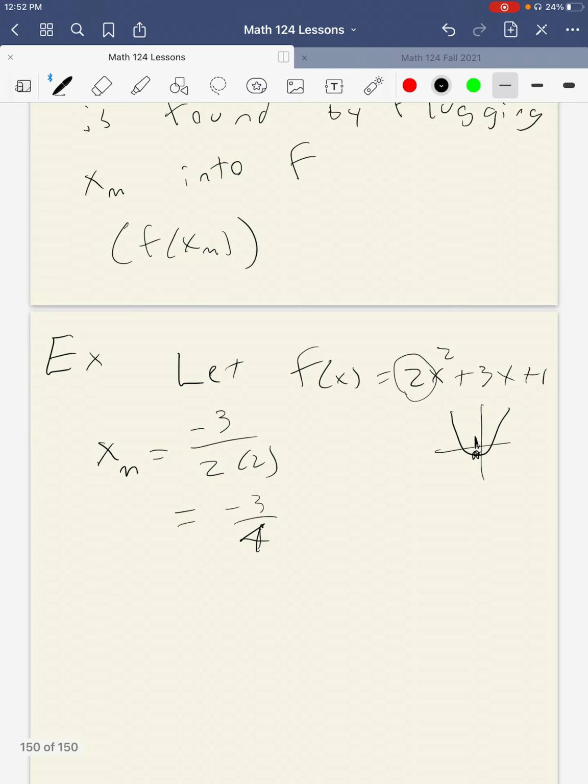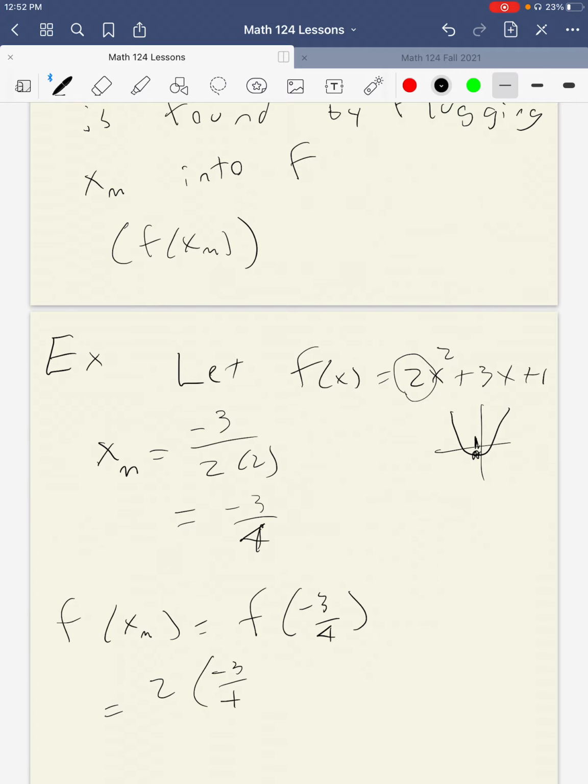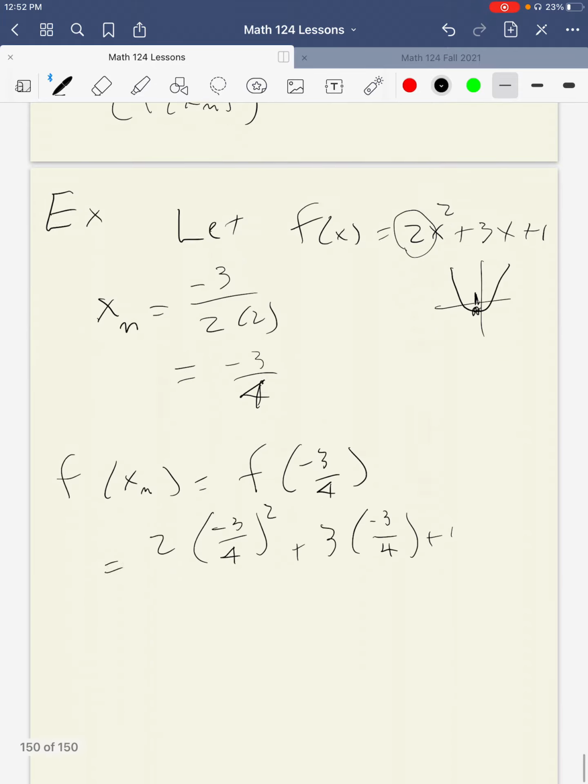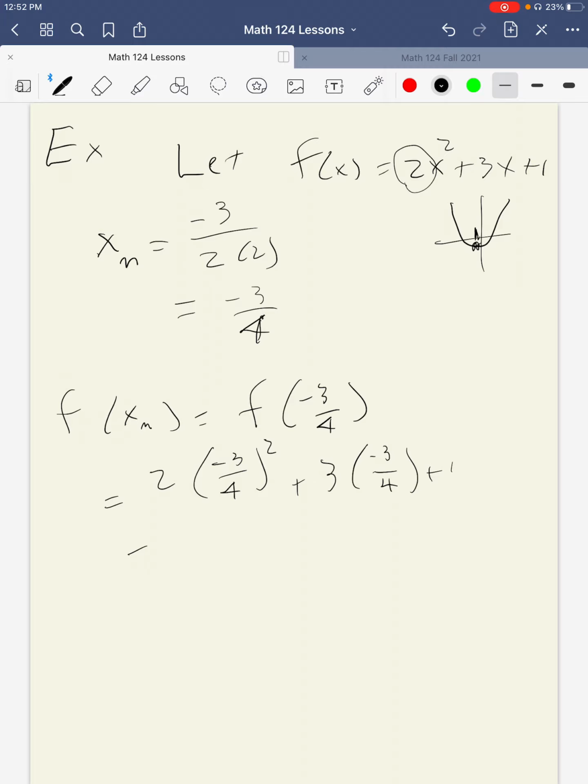Now we find the minimum value by plugging in this x value into the original function. So we plug in negative 3/4 into the original function, and then we get 2 times negative 3/4 squared plus 3 times negative 3/4 plus 1.